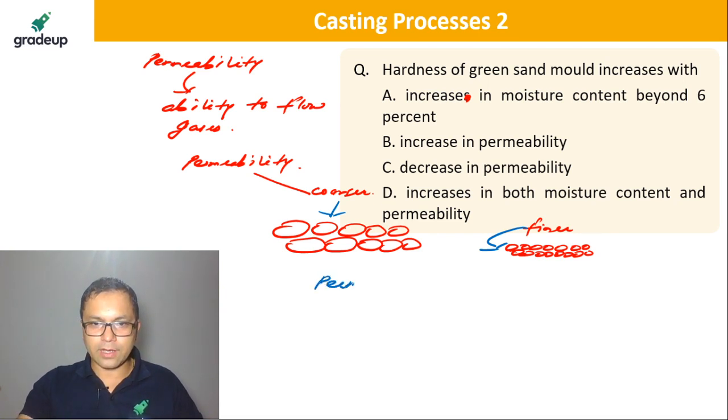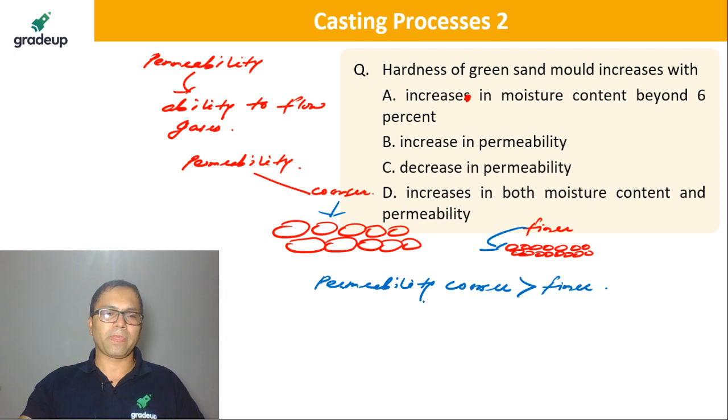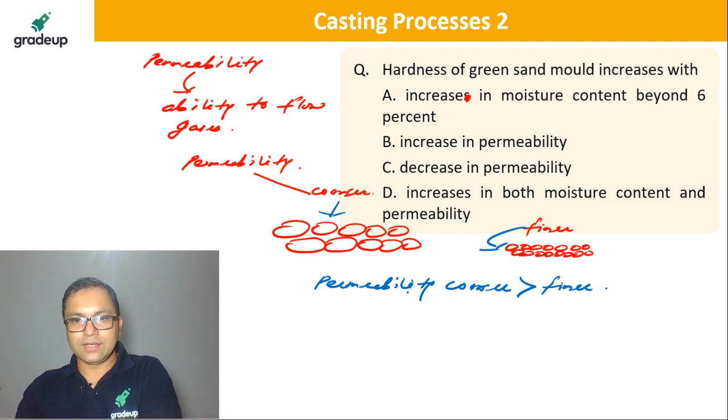So I'm going to write permeability of coarser is greater than finer, right? Is that good? Yes. So permeability of coarser is greater than finer.